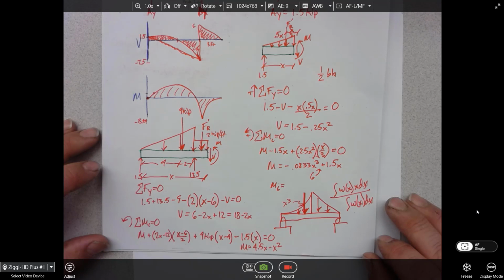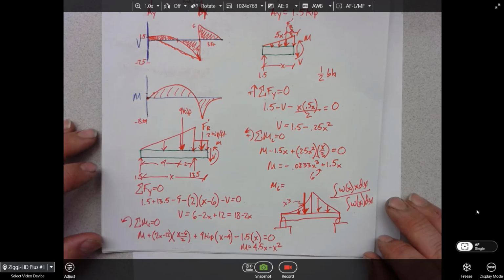Then we can do the same thing, sum the moments at the cut, and set that equal to 0. Summing the moments at the cut, I'll have the moment at the cut, and I'll have some resultant here, which I'll call my F prime resultant.